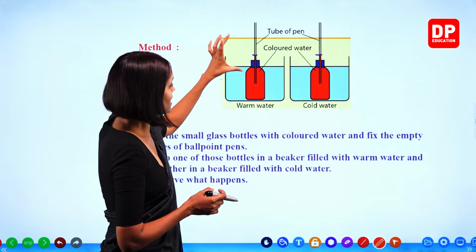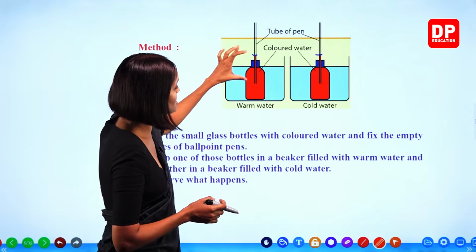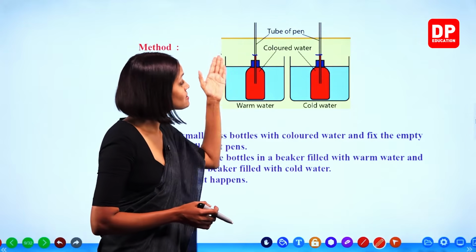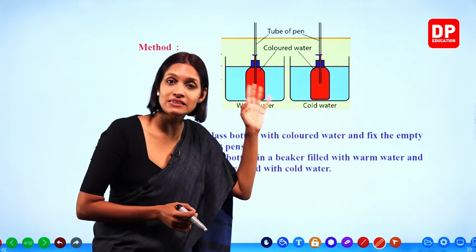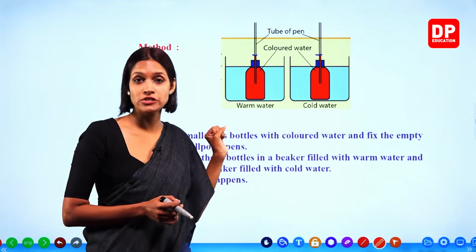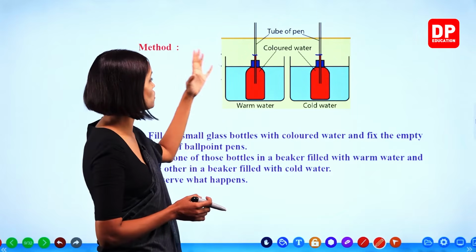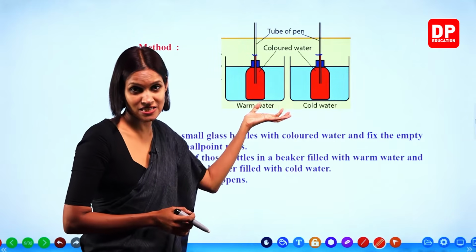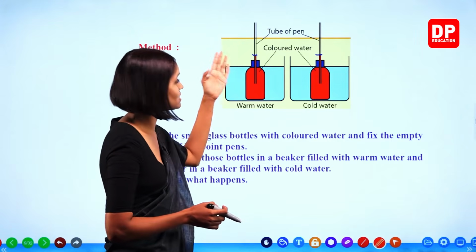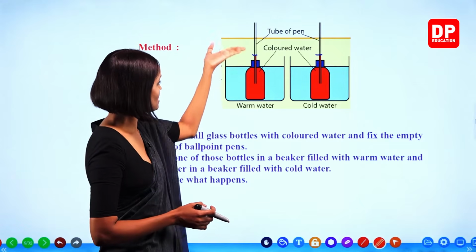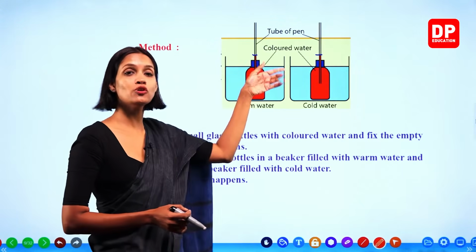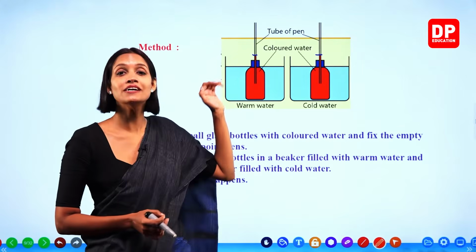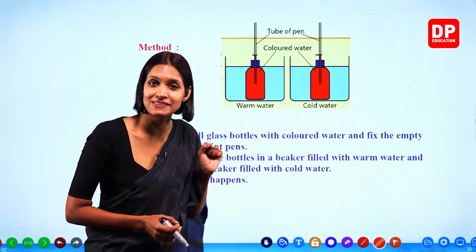So you have to carefully observe the water level inside this pen tube. This is the reason, in order to observe this clearly, we have to use the colored water. Okay, children, if you use just normal water, you can't observe it very clearly as it's colorless. So when you use the colored water, whether the water level inside the pen tubes moves up or down, or whether it's not going to move anywhere, we can observe it very clearly.